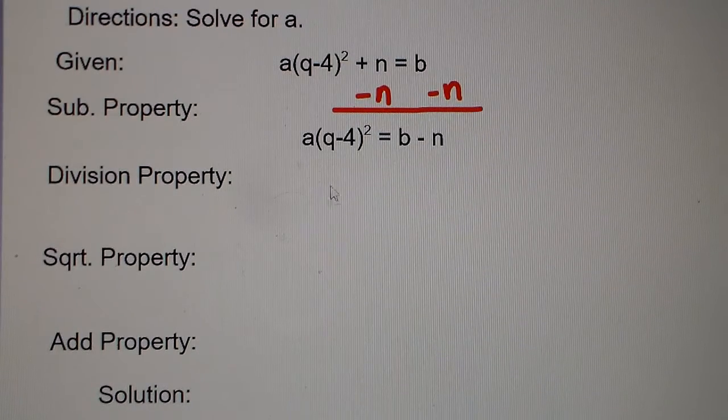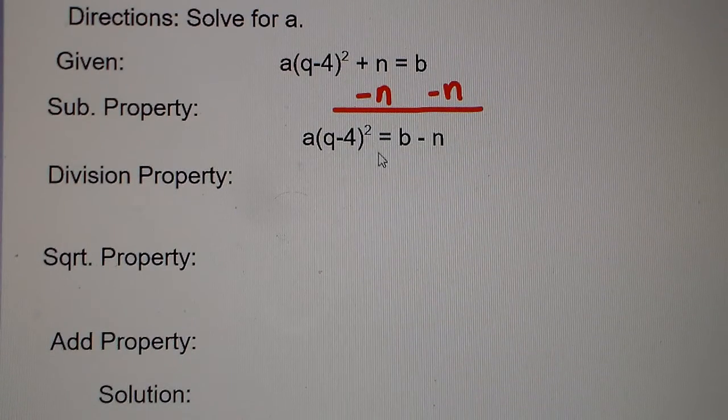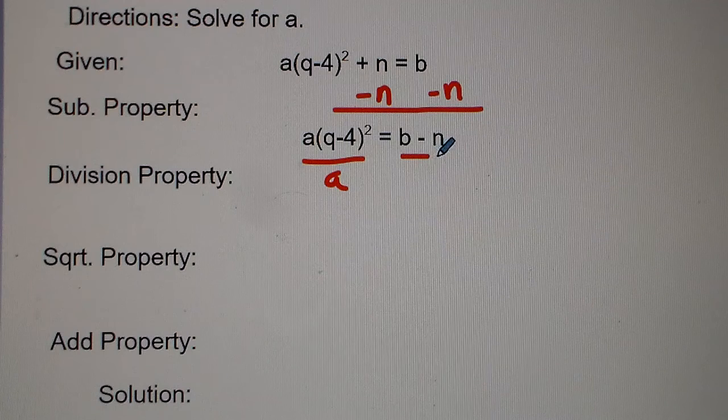Since we have a times (q − 4)², all we have to do is the opposite of times a, which is divide by a. So we're going to divide by a on both sides. Sorry, not divide by a. We're going to divide by (q − 4)² on both sides, because a times this, and our goal is to get a by itself.